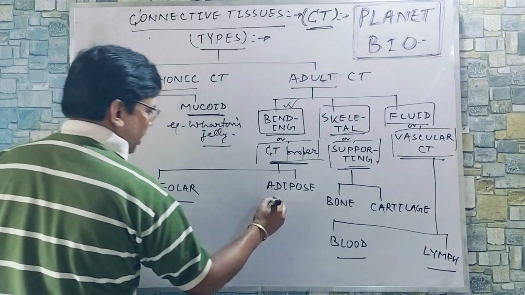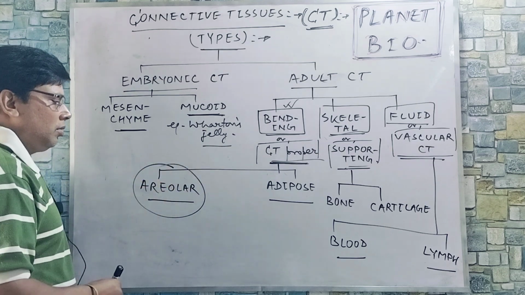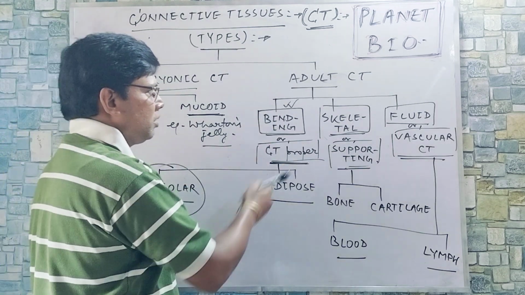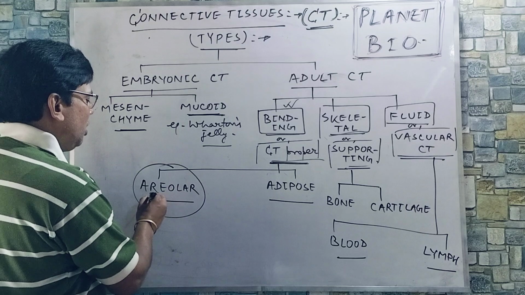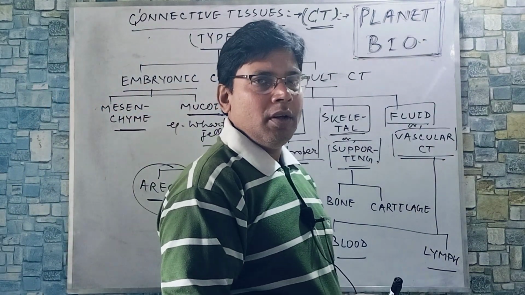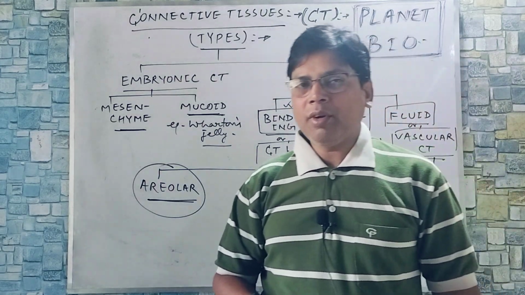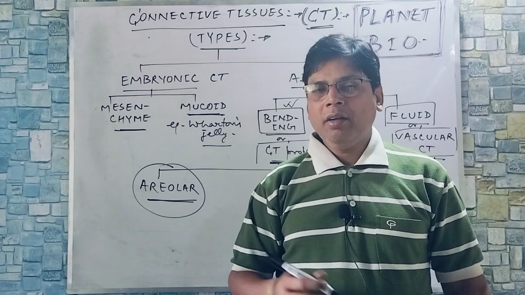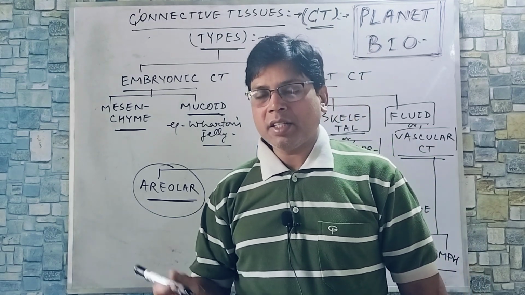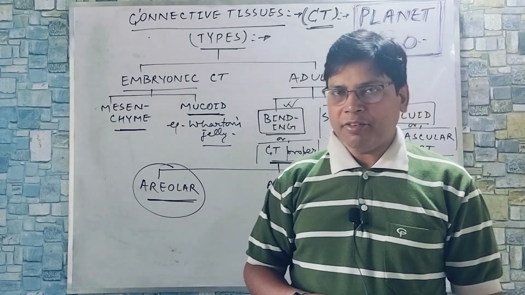areolar and adipose. This areolar is going to be the most occurring of all these adult connective tissues. Areolar tissues contain fibroblasts, the principal cells which secrete matrix and fibers. Another one you can find is macrophages, the huge, large-sized cells which are phagocytic in function.